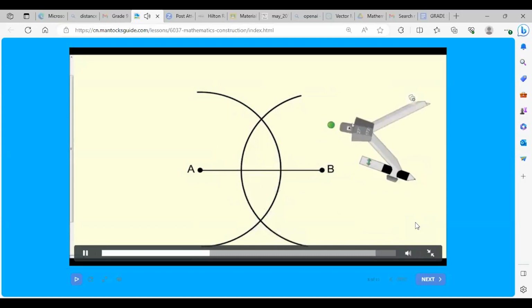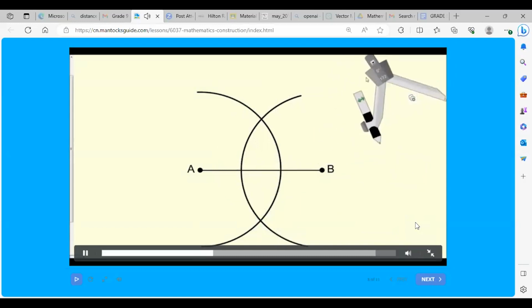We'll note here that these two arcs intersected in two locations. We're going to label these points of intersection C and D. We'll call the first point C, and the second point of intersection D.